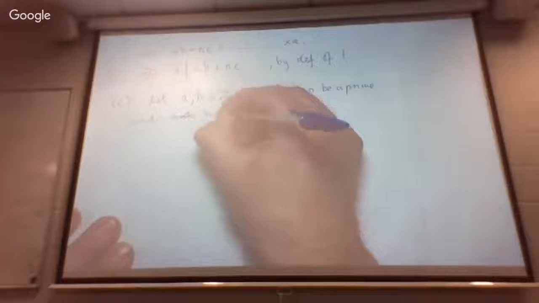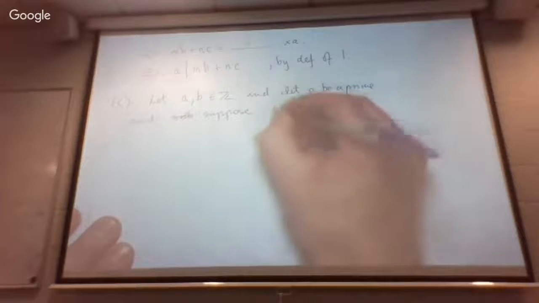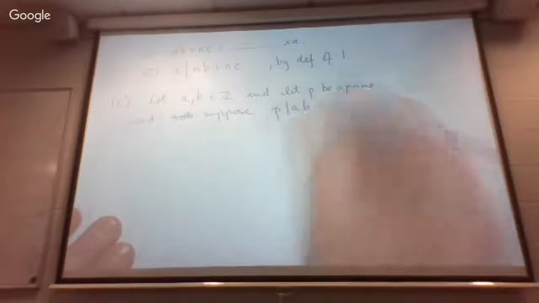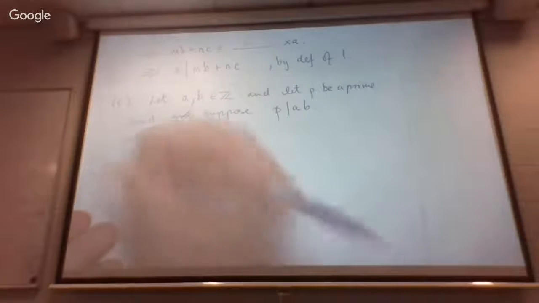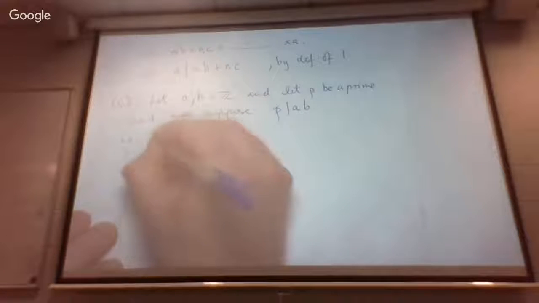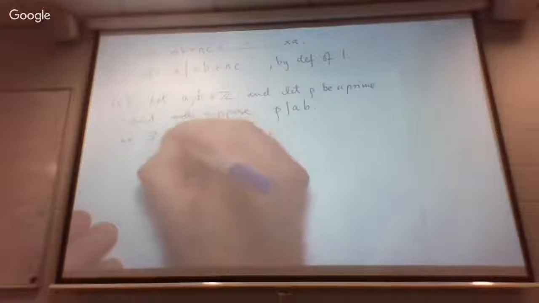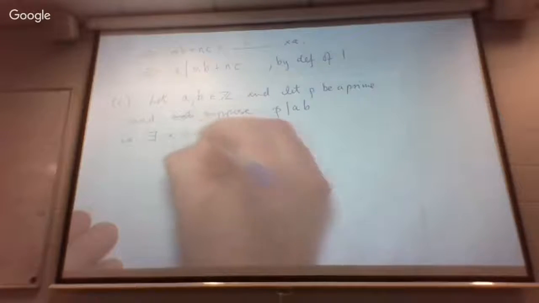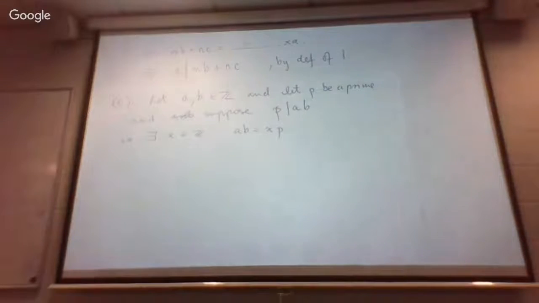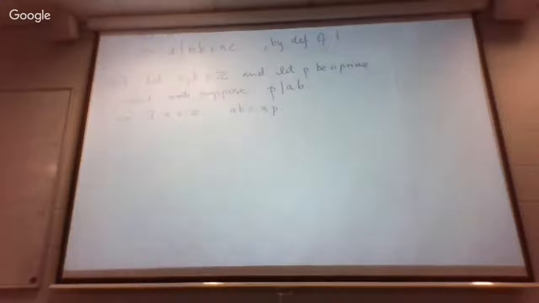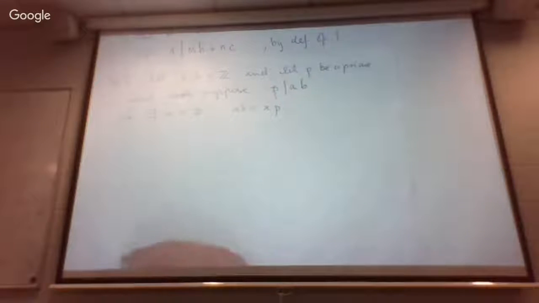And suppose that p divides ab. Almost without thinking, just roll that forward a bit, i.e. there exists an integer x such that ab is equal to xp. The conclusion we're looking for is down at the bottom. We might put it: p divides a or p divides b.